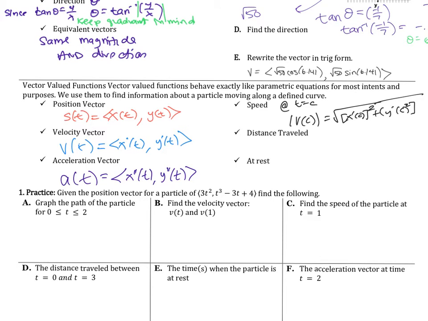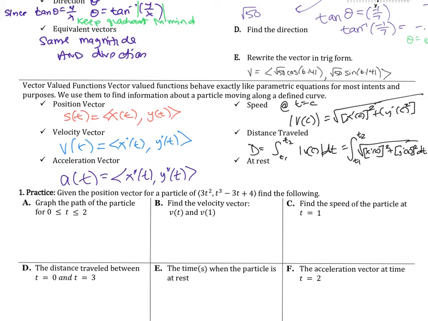And then the distance traveled would be the integral from some t1 to t2 of the magnitude, or of that speed, dt, which we could rewrite using what we just defined the speed to be. So we could rewrite it just like that.